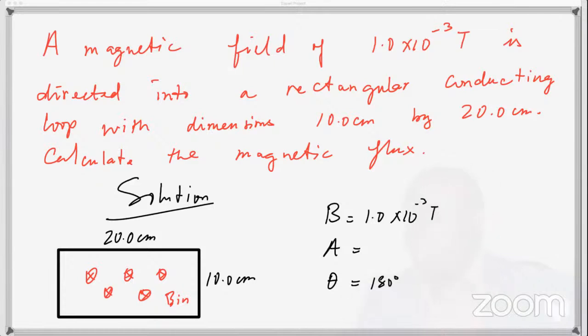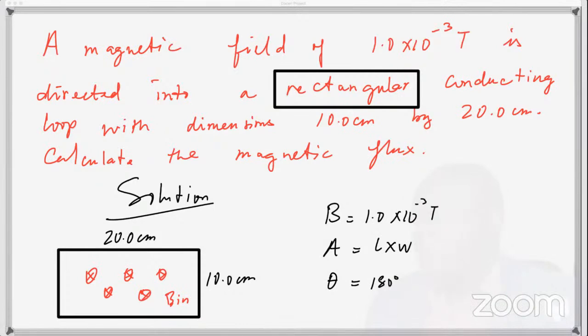Okay, so number one, the problem says it's rectangular. For a rectangle, the area is length multiplied by width. If this was not rectangular, you would do a different thing.